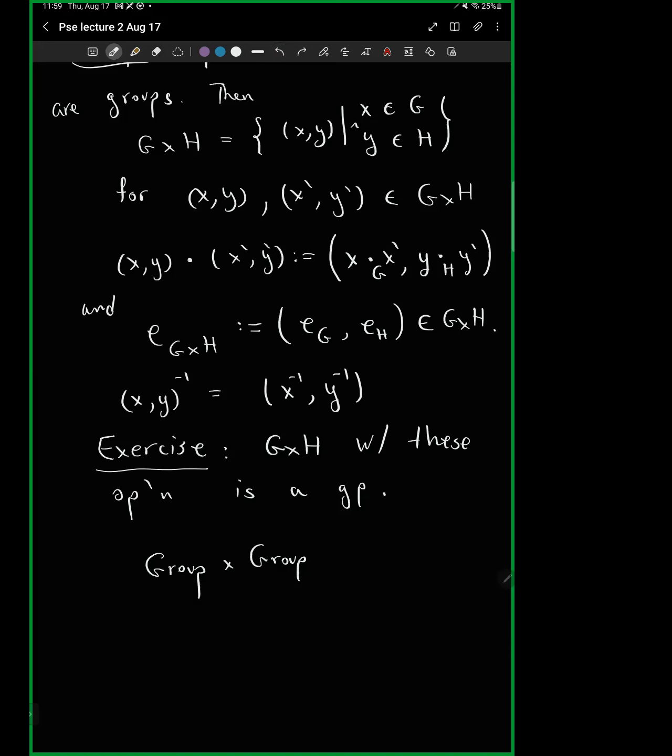So the collection of all groups, you take two groups, G and H, and you give it a new group, G times H. So in fact, you can view the Cartesian product as a binary operation on the collection of all groups.